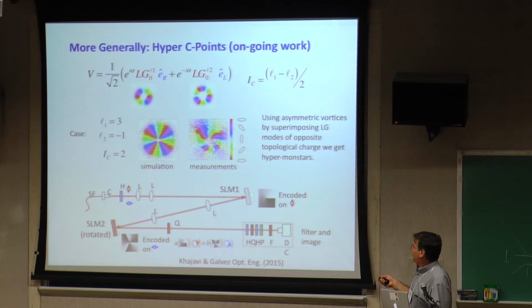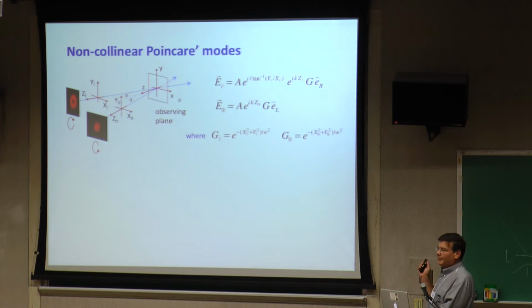So you encode one mode in the horizontal component and another mode in the vertical component, and with a quarter wave plate you convert the horizontal and vertical into circular states. But let's go to the Mobius problem.